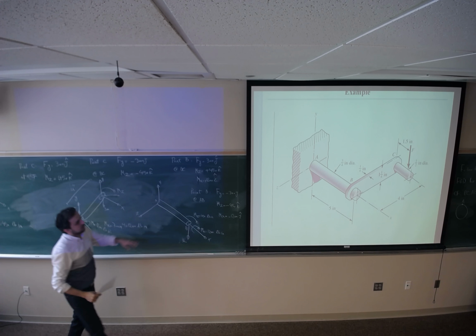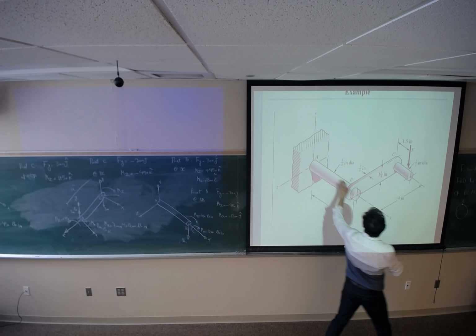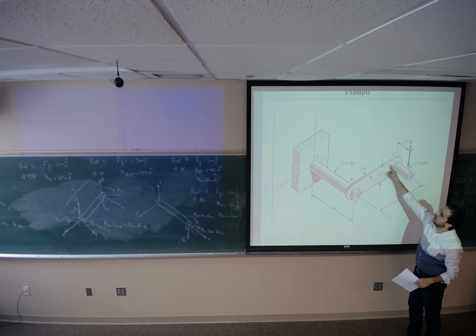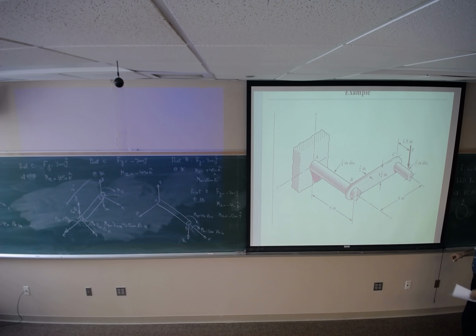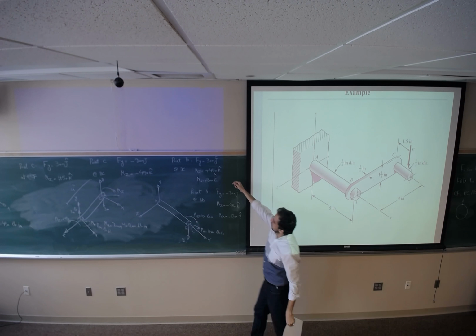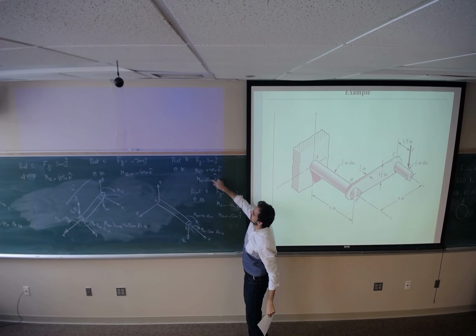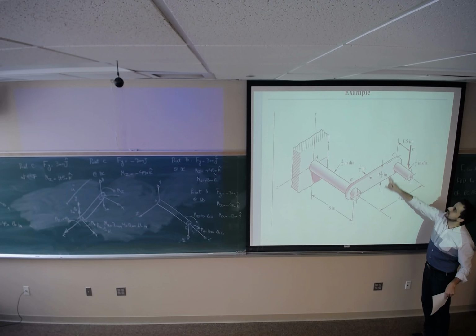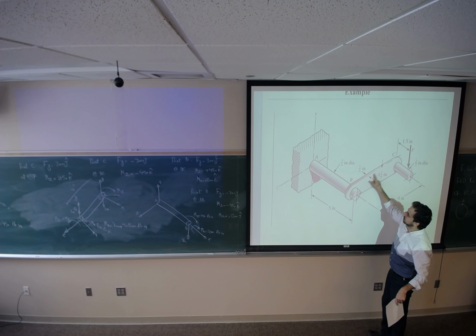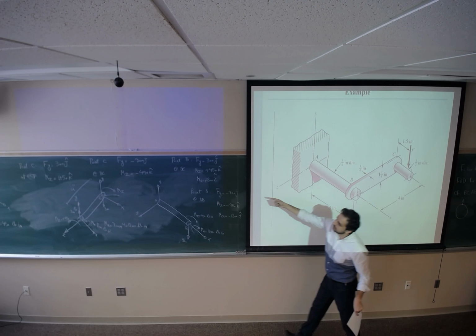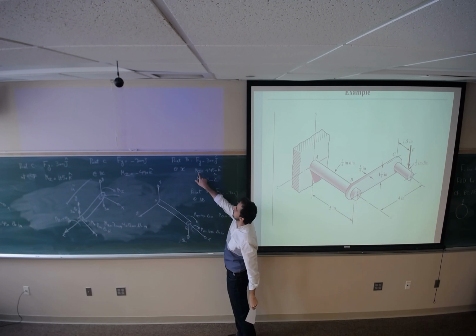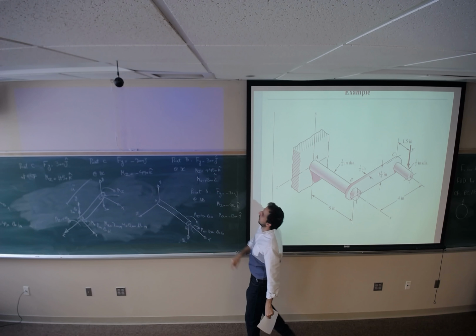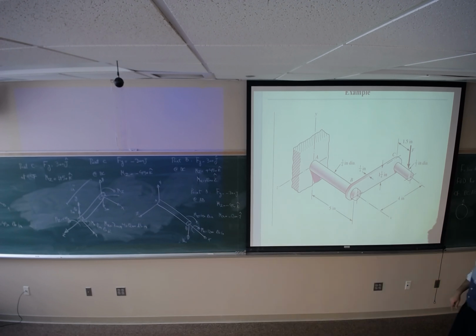So before we go through the class activity, let's look at component BC. I would like to look at these moments. The axis of this component is z-axis. So any moment in z direction is gonna make torsion.